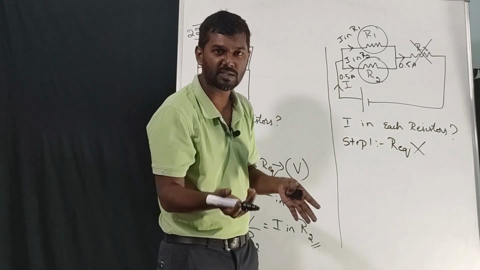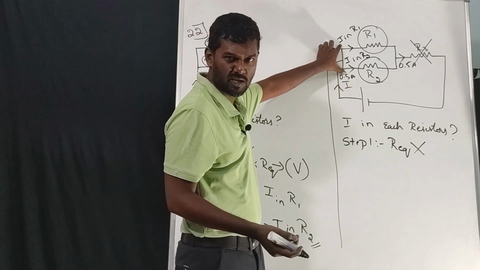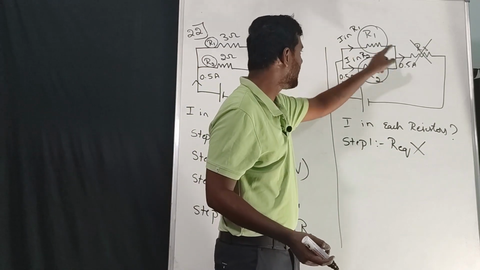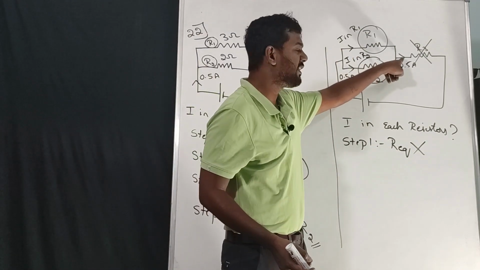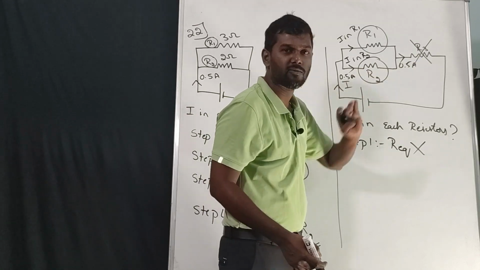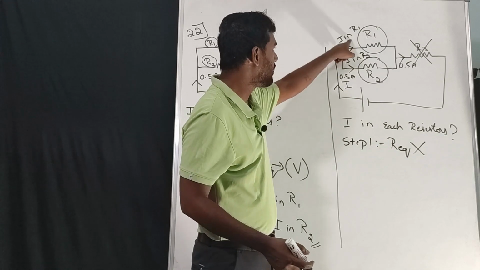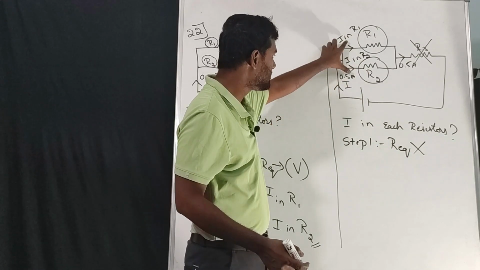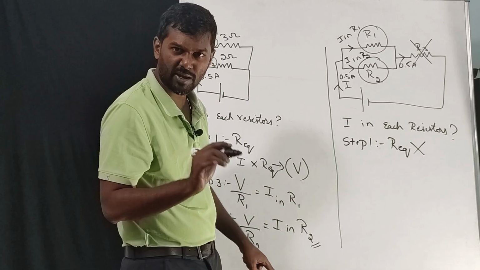Without calculating we can say this, because whatever current enters a combination of circuit, the leaving current will be equal to the entering current. Entering current is 0.5, leaving current is 0.5. The same current flows in R3. But whenever they ask the current in R1 or R2, because these two are in parallel, we use R equivalent, and the rest of the steps remain the same.